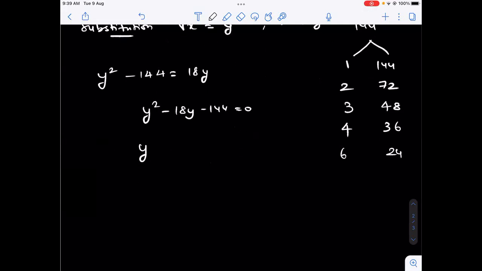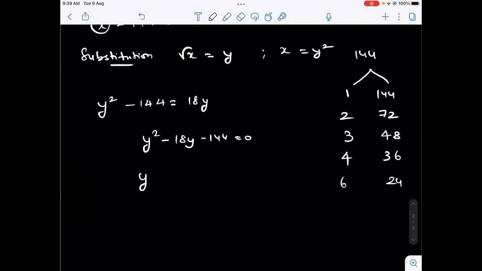So you need not think much. Okay, I'll tell you the logic. Listen to this carefully. 1 and 144 first factor. If you double this one, the next one will exactly become half, 72. Similarly, for 3 and 48, if you double this one, 3 into 2 is 6, 48 by 2 is 24.